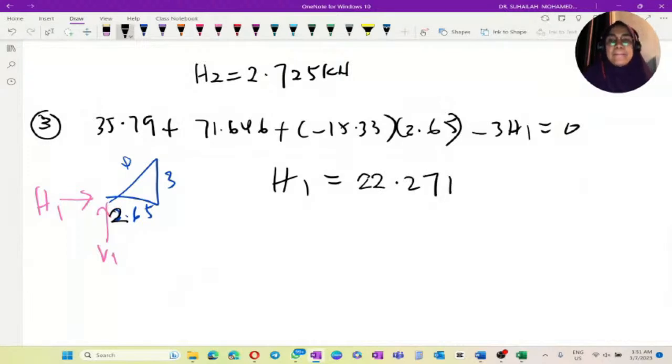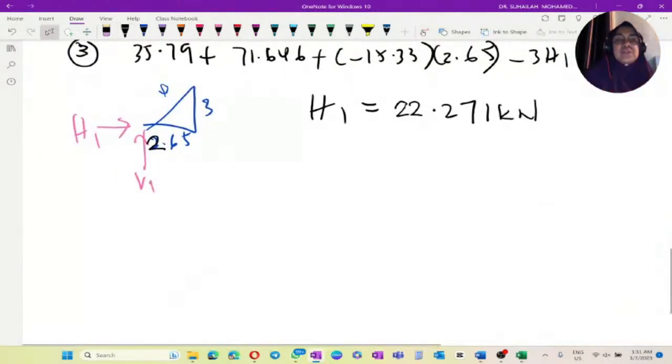That gives 22.271 kilonewton. This is H1. So we have to substitute into the shear equation.